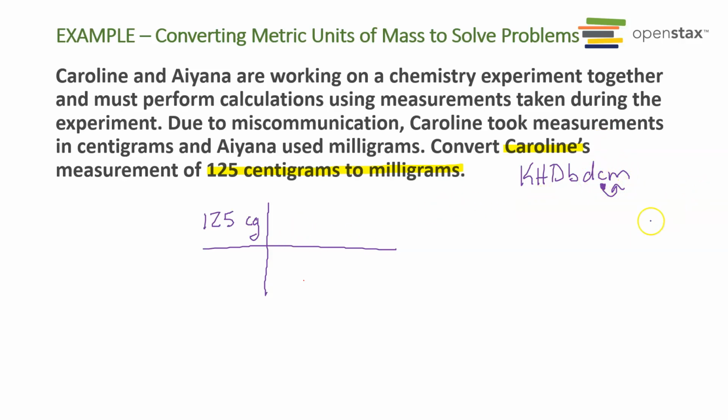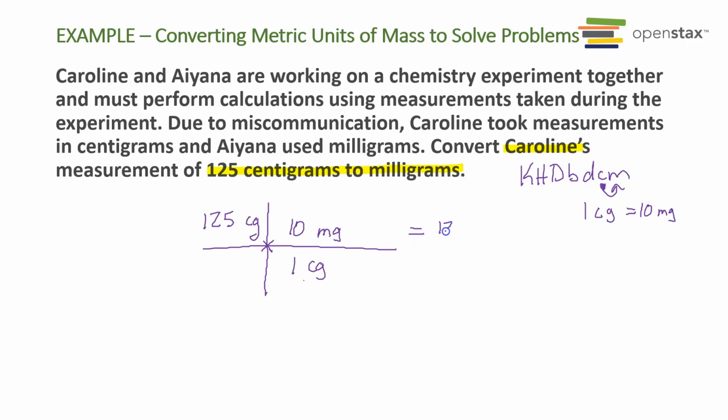In other words, 1 centi-anything, in this case gram, is equal to 10 milligrams. So if I put that over here, we've got 1 centigram is 10 milligrams.